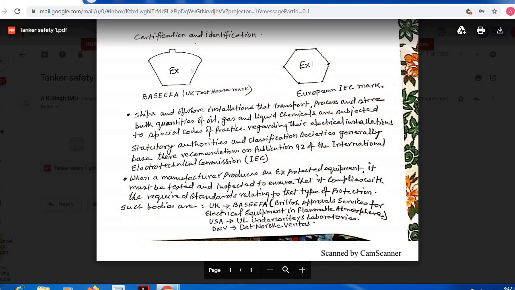We will discuss that when we go through that part of tanker safety, so the next lecture will talk about that.